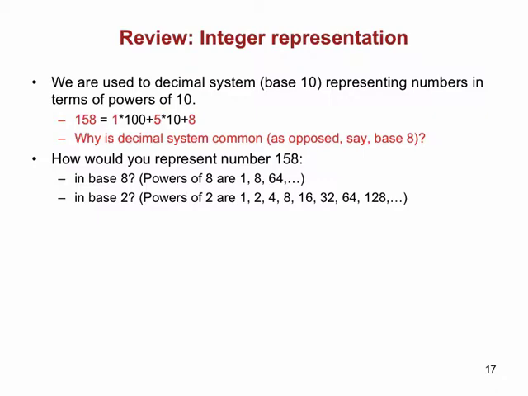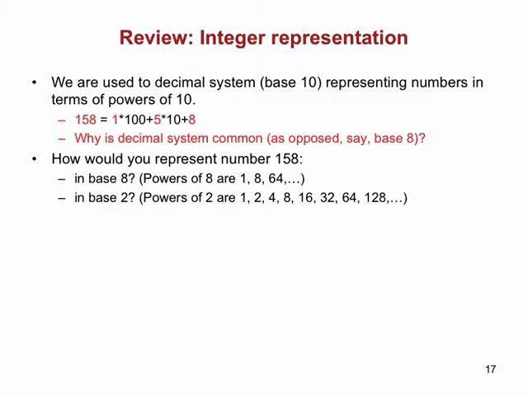Now, signed or unsigned integers, what is the difference? I have to know whether my number is signed or unsigned, because in the case of a signed number, I take that first bit and it's interpreted as plus or minus. It's not part of the number.